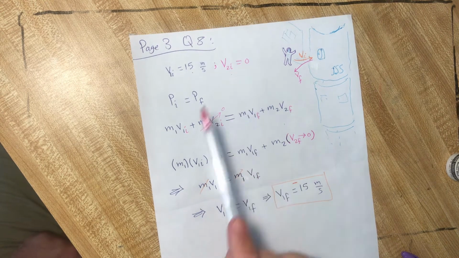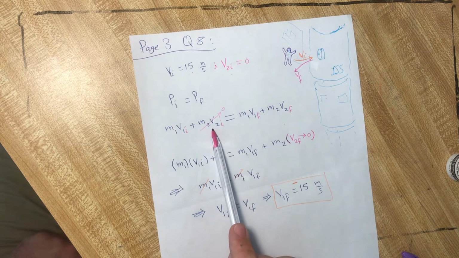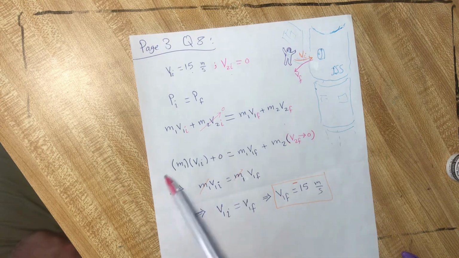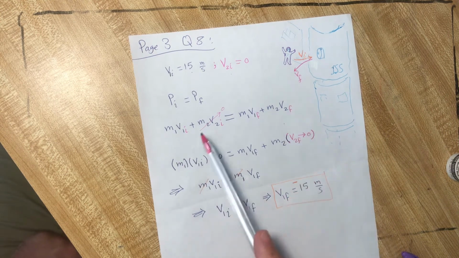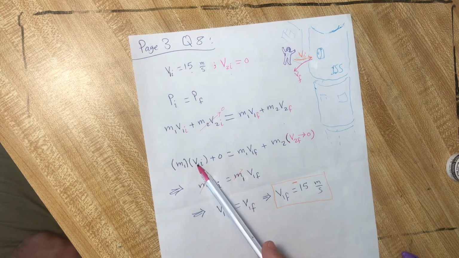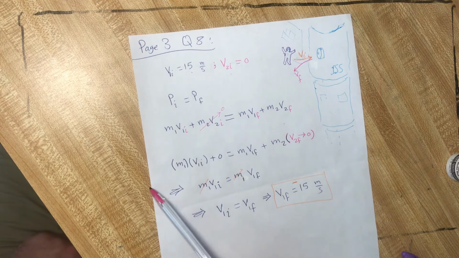Its velocity is 0, so the initial momentum of the station is 0. Then our system has the momentum of the astronaut, which is m multiplied by its initial velocity, which is 15.